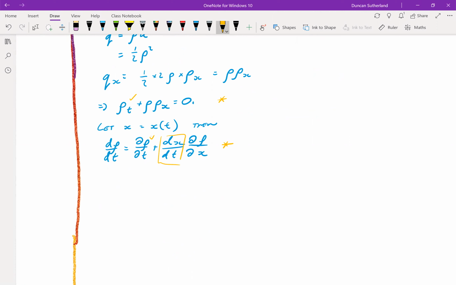If that term equals this P here, then I've recovered my PDE. So if dx/dt equals rho, d rho/dt equals 0. And that's quite significant. d rho/dt equals 0 implies that the density is constant along these characteristics.